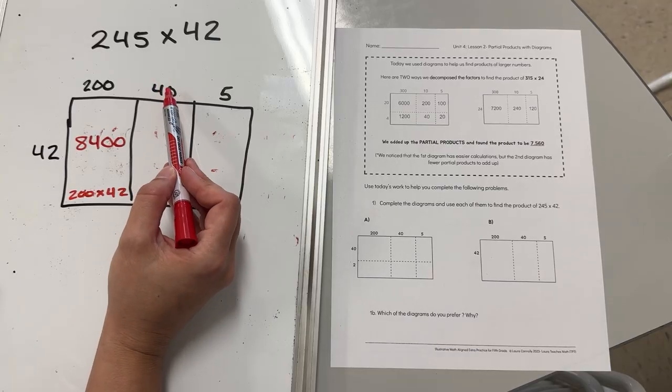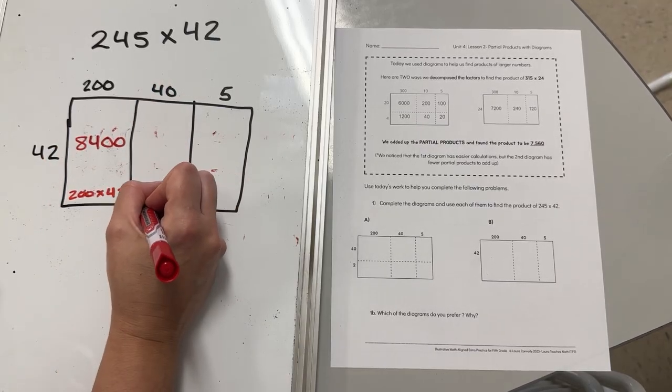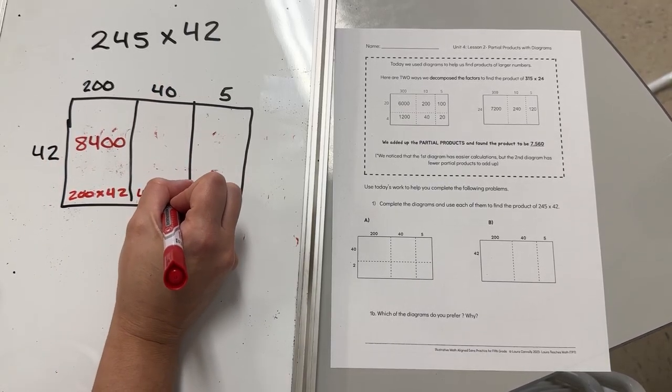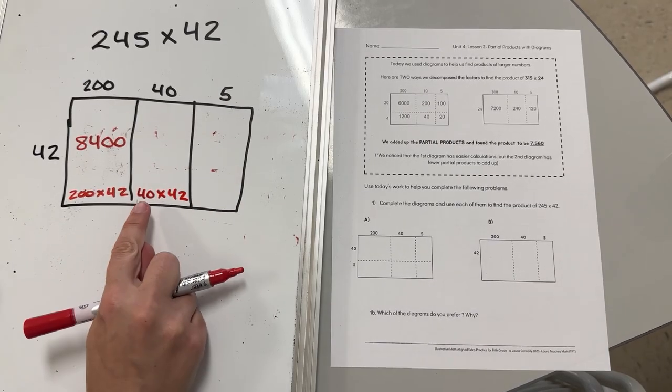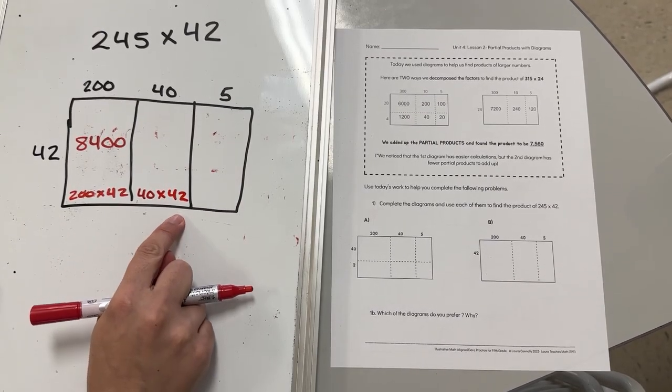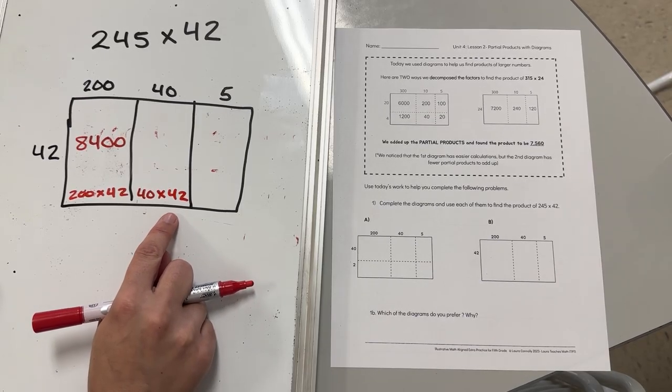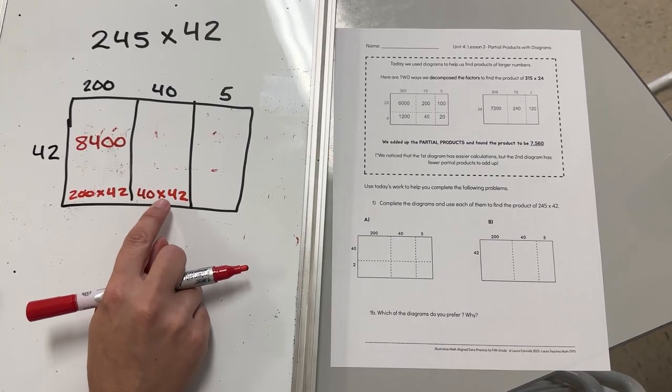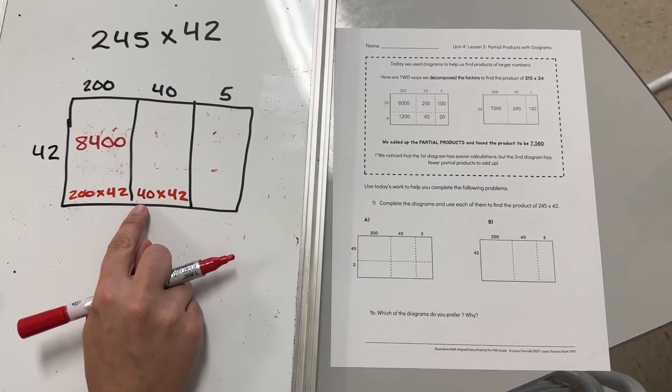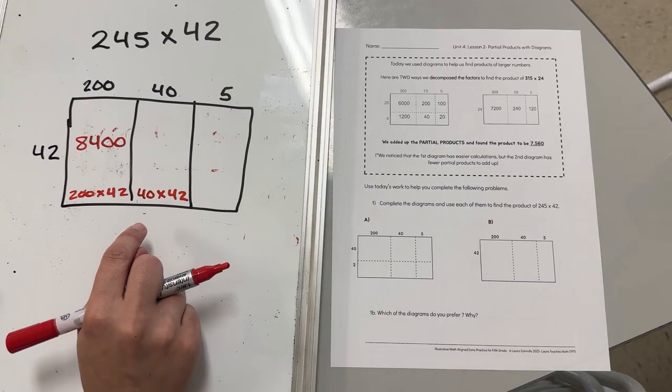Next, I have 40 times 42. Again, this is pretty tricky to solve. It actually requires me to do a lot of decomposing in my head, because what I'm really doing is 40 times 40, and then 40 times 2.